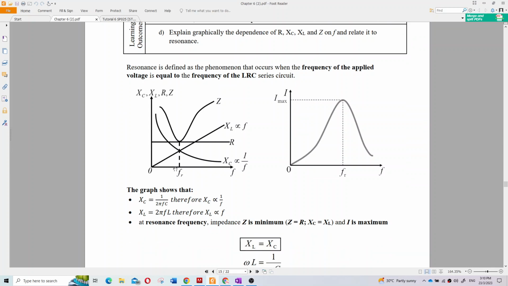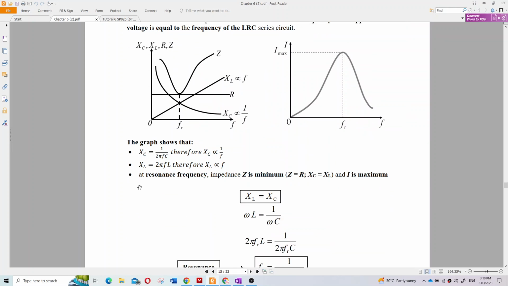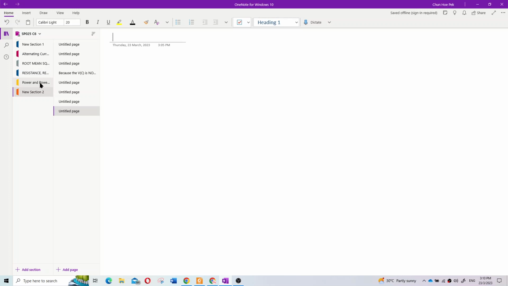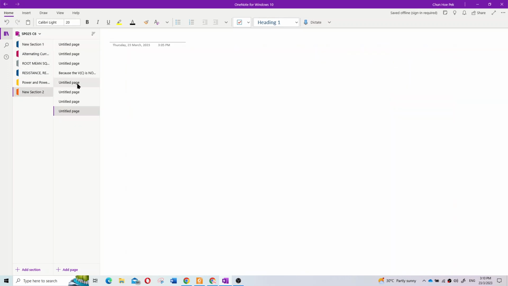Resonant frequency. What is important here is that at resonant frequency, XC equals XL. We talked about the phasor diagram before. Let me review.